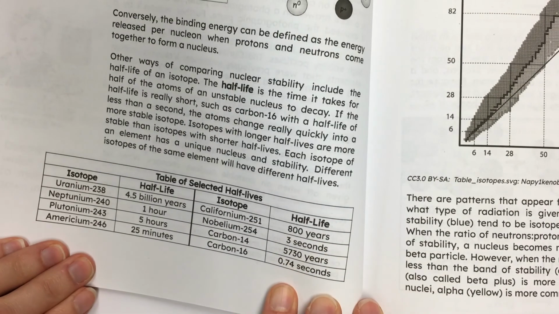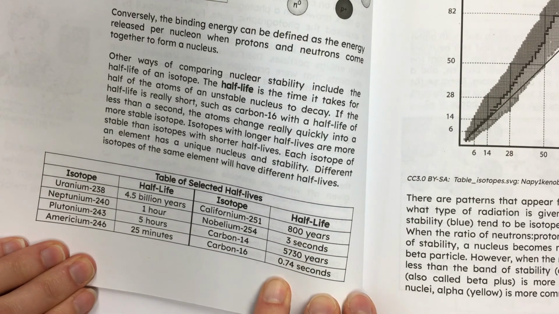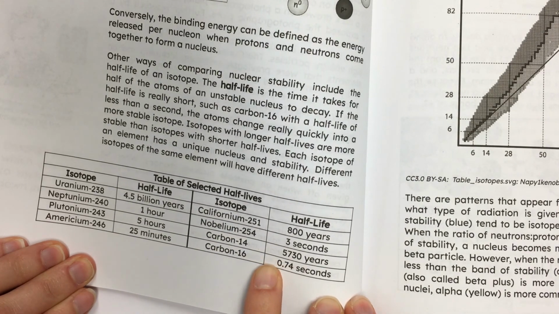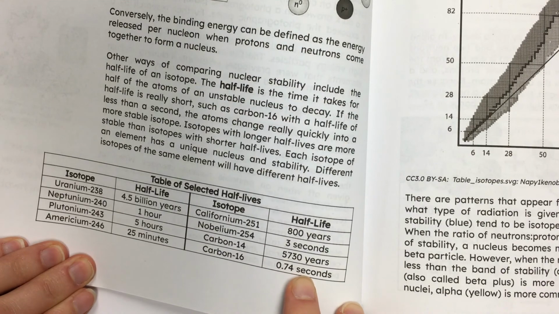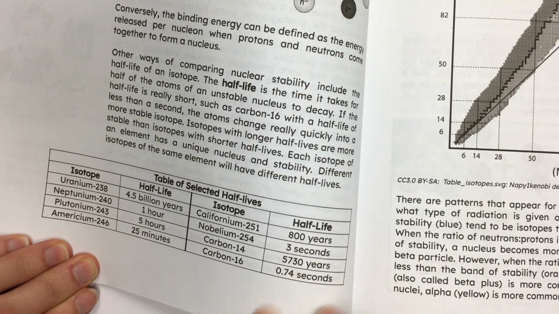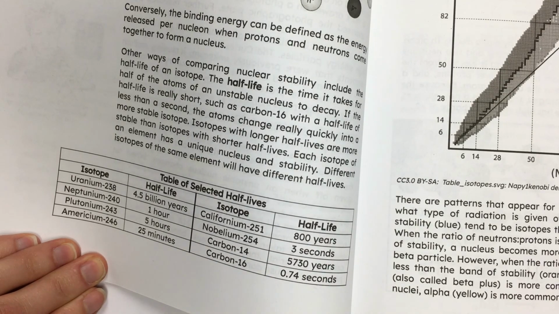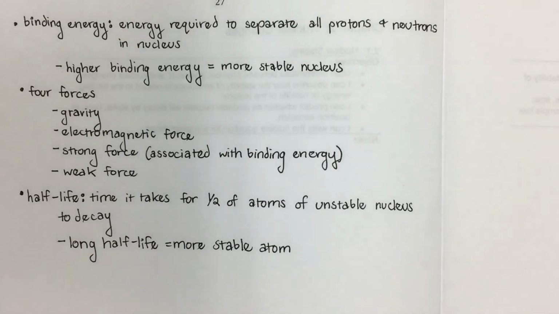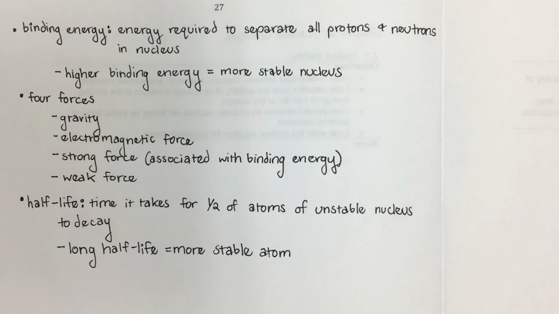The least stable isotope listed here is going to be carbon-16. It has a half-life of 0.74 seconds. So that's super, super short. So it's not very stable. It doesn't stick around very long. It turns into another element pretty quickly. So that is stability and half-life and nuclear binding energy.